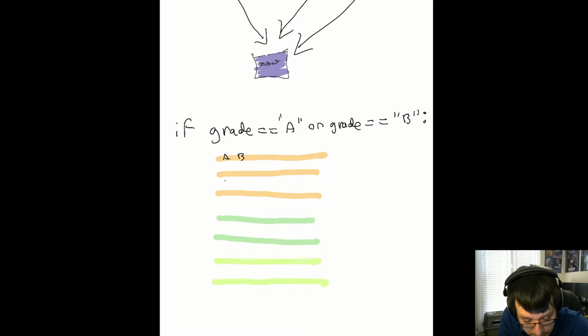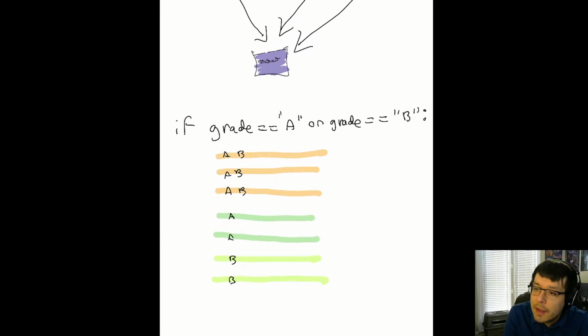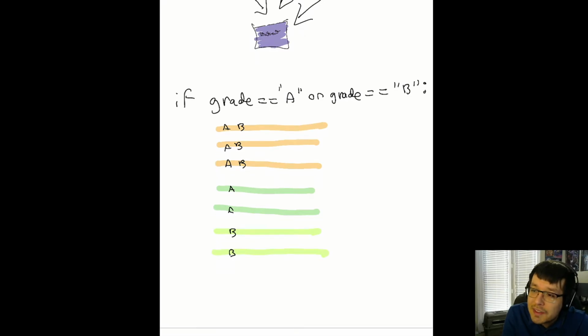A and B both need to run these three lines, but then these are A's lines, and these are B's lines, right? Because I want to make those unique, all I have to do is make another if statement inside the other if statement. So like if statement inception.